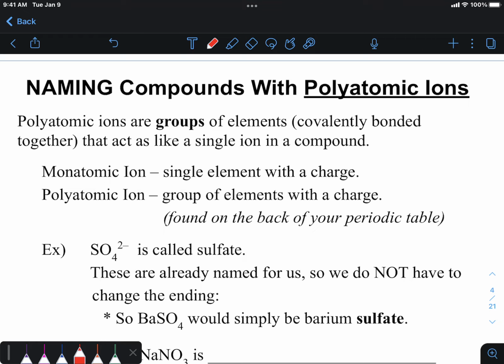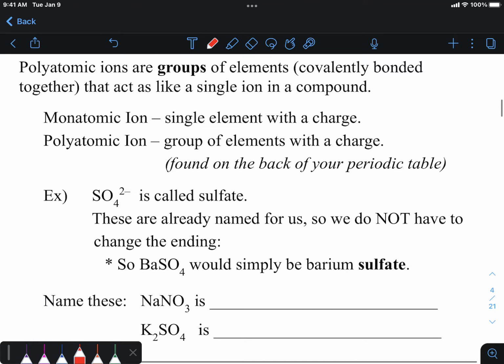So, SO4 is what we call sulfate. You do not change the ending on polyatomic ions. You only change the ending of elements. But a polyatomic ion has a given name. Do not change it.